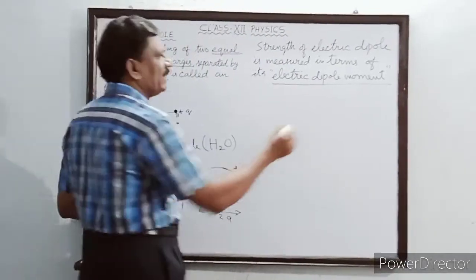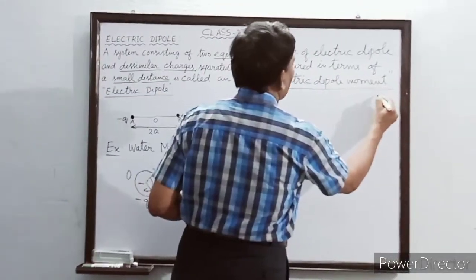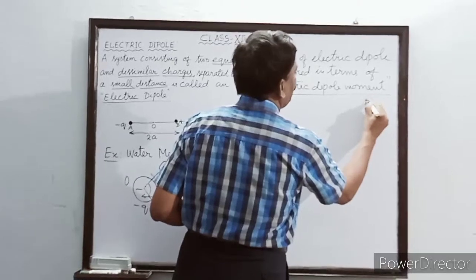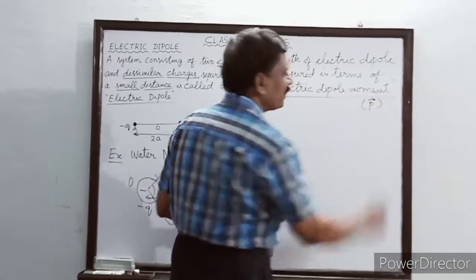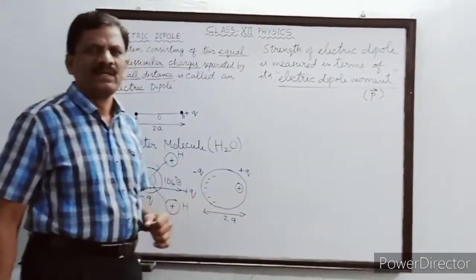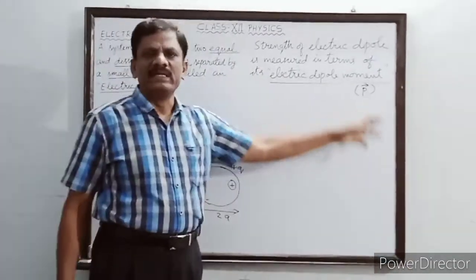And this electric dipole moment is denoted by the symbol small p with a vector symbol. Small p vector, so it is a vector quantity.